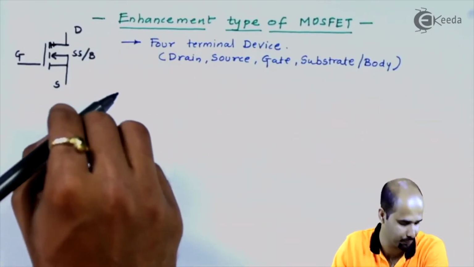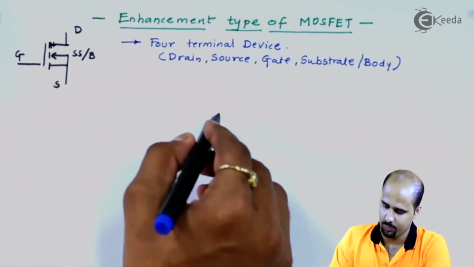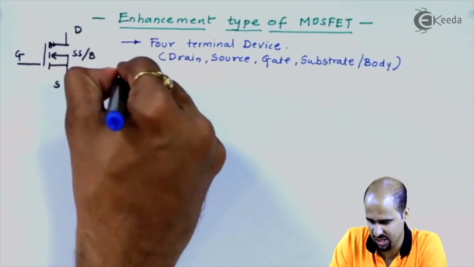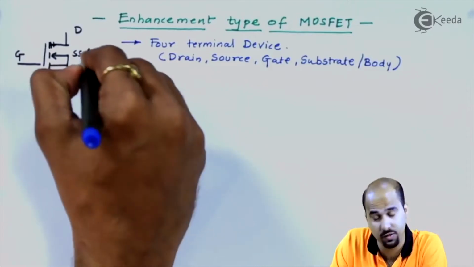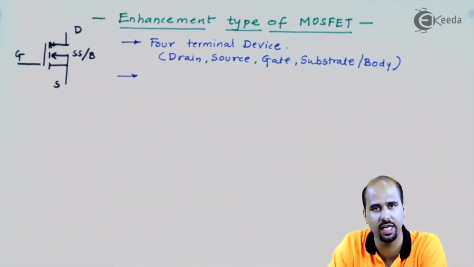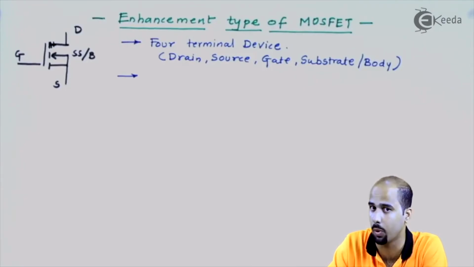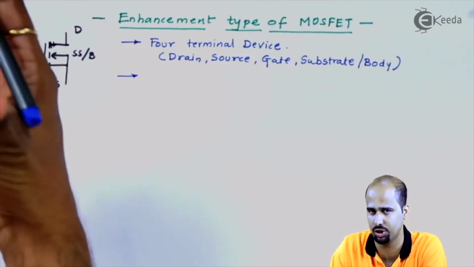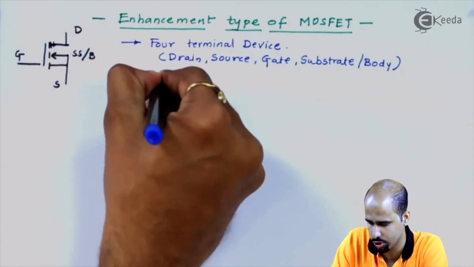Now the main special feature of this enhancement type of MOSFET, why it is different from the depletion type of MOSFET, is that the channel is not yet formed, so we have to create the channel.